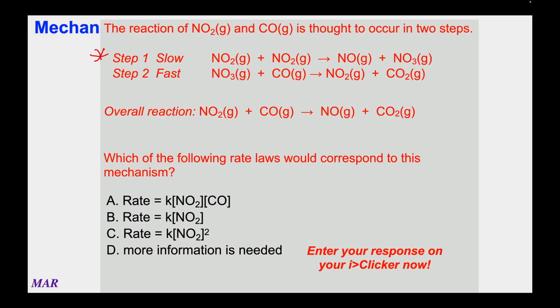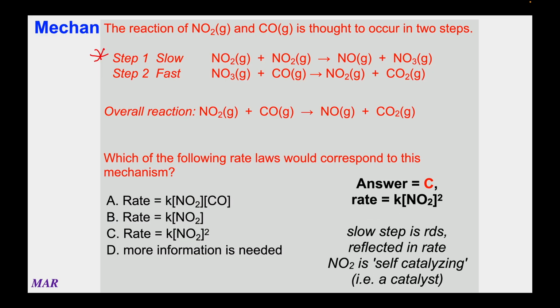So if this is a valid mechanism, it had better be answer C, because the slow step in the proposed mechanism has two NO2s coming together. NO2 reacting with NO2 means it's a second order reactant. So the rate determining step, which is nothing more than the slow step in a mechanism, is super important to chemists, and any reactants in the slow step should appear in your rate law, which is kind of cool.